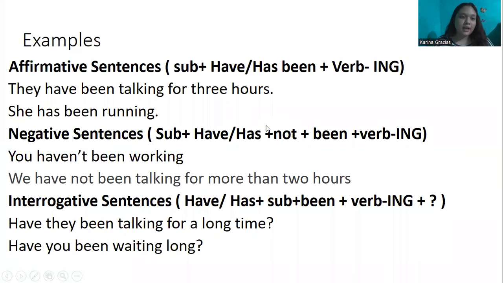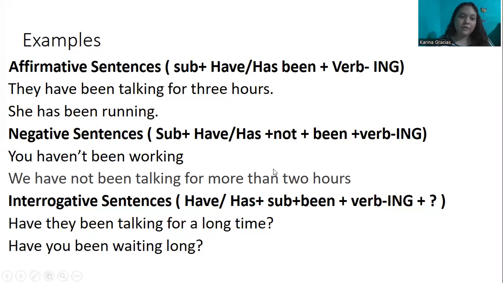And some examples. For the affirmative sentence, we use the last structure, subject plus have or has been, plus verb in ing. One example is she has been running. For the negative sentence, we use the following structure, subject plus have or has plus not plus been plus the verb in the ing form.